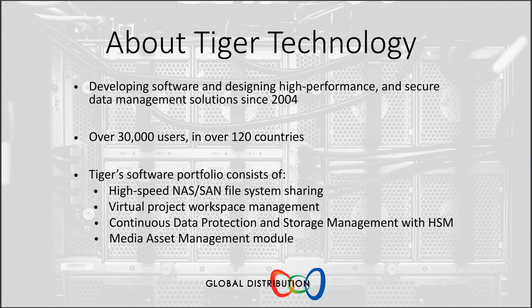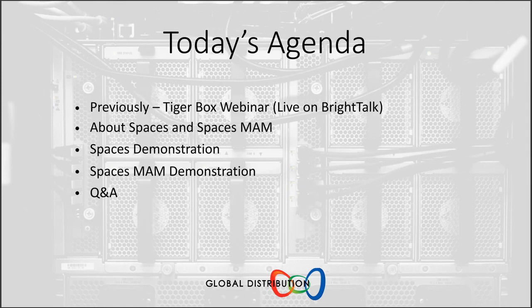Their portfolio consists mainly of high-speed SAN and NAS file sharing software, virtual project management, which is Spaces, continuous data protection management and storage management with HSM, which is their Bridge product, and then their media asset management module, which is Spaces MAM. So Spaces and Spaces MAM is going to be the focus of our agenda today.